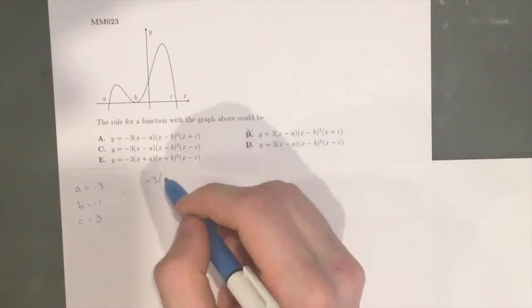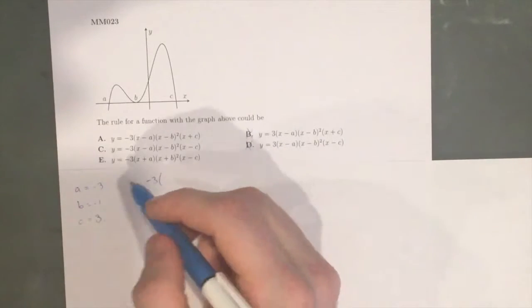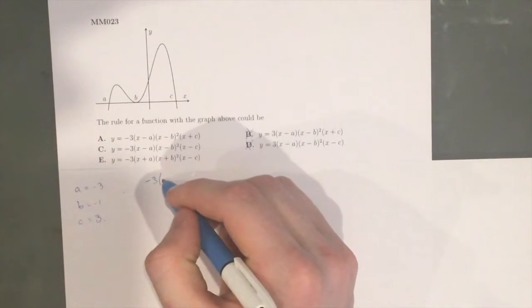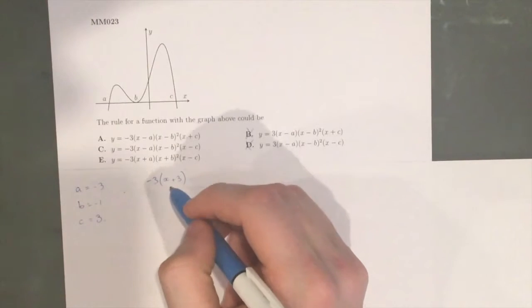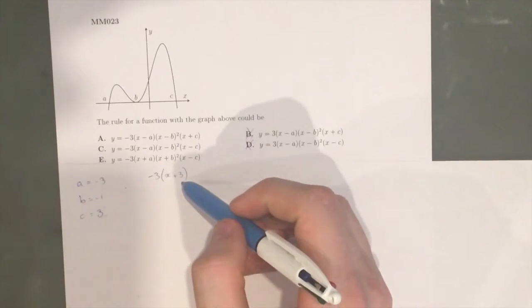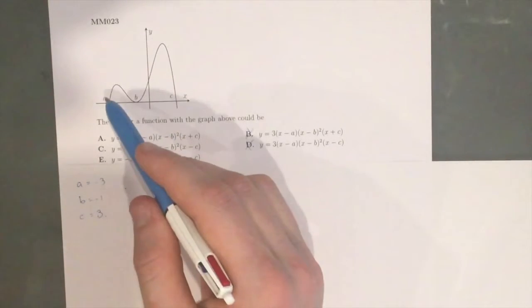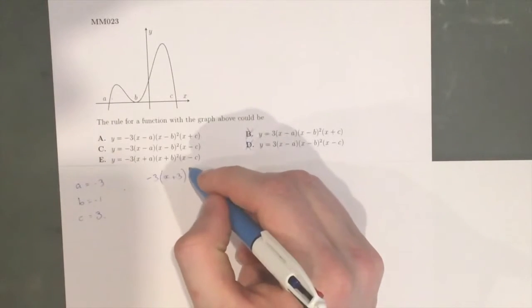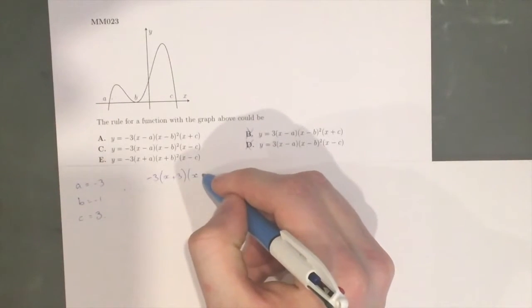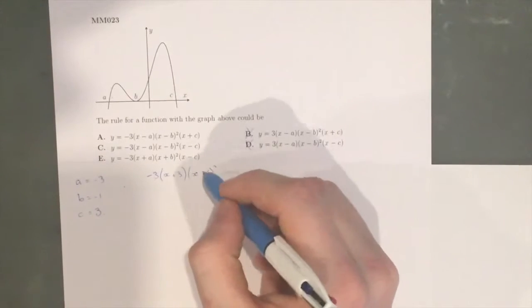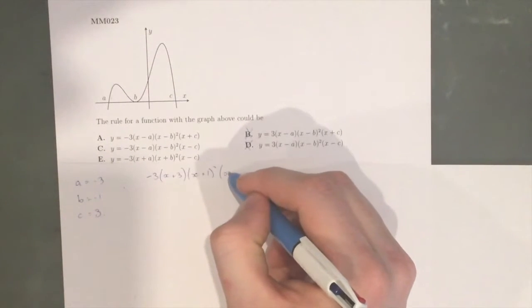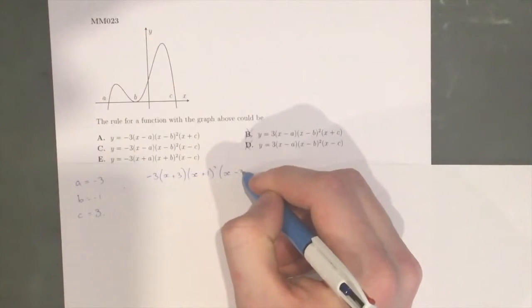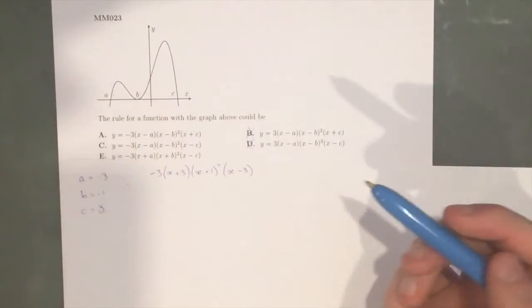It needs to be negative regardless. If A was -3, then this would need to be x plus 3 because this intercept is represented by the negative version of this, which would have an intercept at -3 there. x plus 1 squared would give us our B value, and x take 3 would give us our C value.